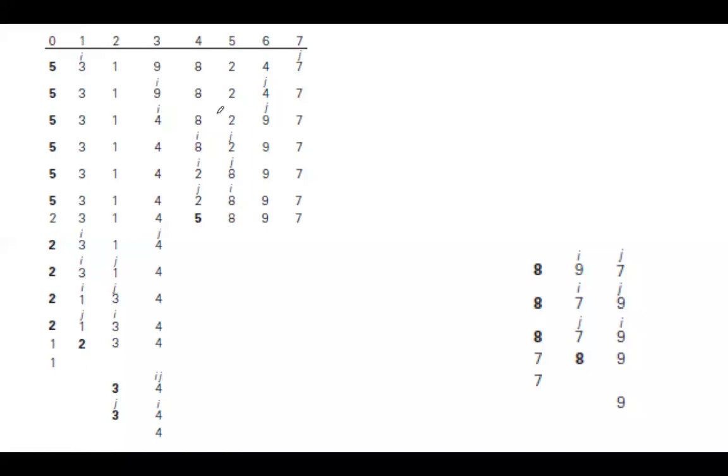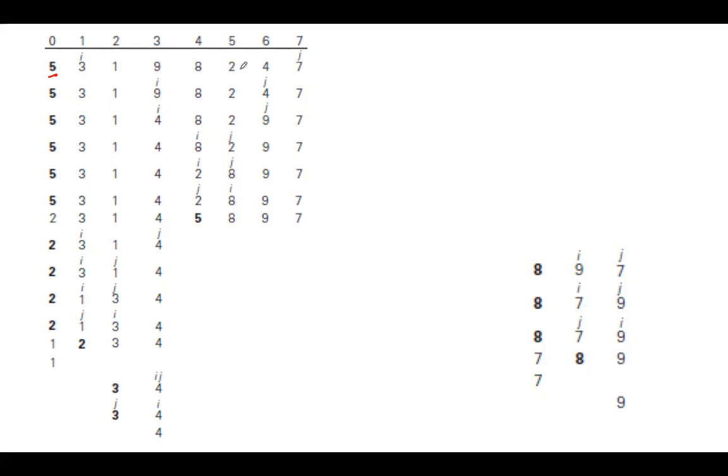So this is one example we have seen. 5 is the pivot here. We take i and keep incrementing i until A[i] is greater than 5. 3 is less than 5, 1 is less than 5, so keep incrementing until you get a value greater than 5.